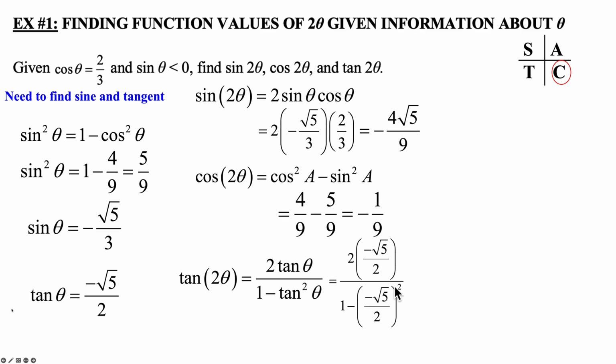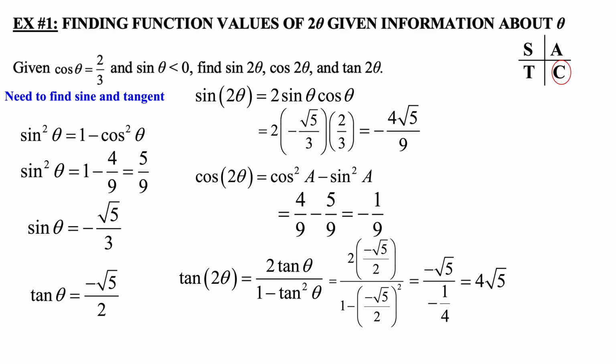Here we'll square the top and the bottom, so this will be a positive 5 over 4. And then 1 minus 5/4 is a negative 1/4. The negative on the top cancels with the negative on the bottom. That makes it positive. All right, well, we don't divide by a fourth. We multiply by its reciprocal. And that's going to get us 4 times the square root of 5.